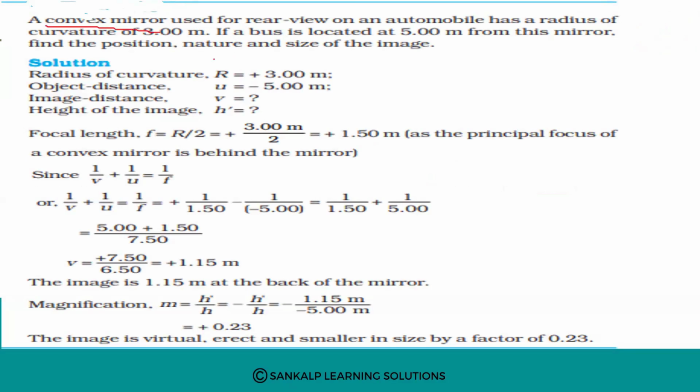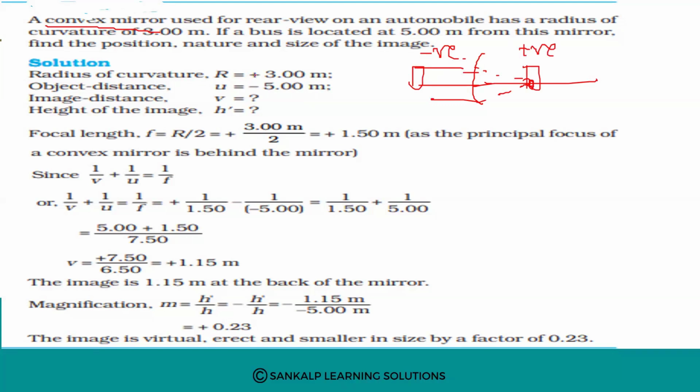In case of convex mirror, where will the image form? See, this is a convex mirror, and the image appears to meet at this point. My object is here and image is here. That means this side is positive and this side is negative. Distance of the object is negative and distance of the image is positive.